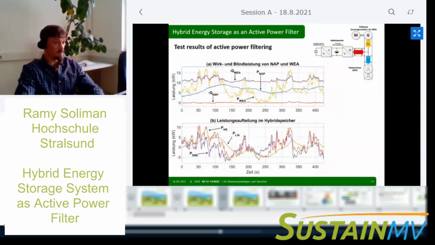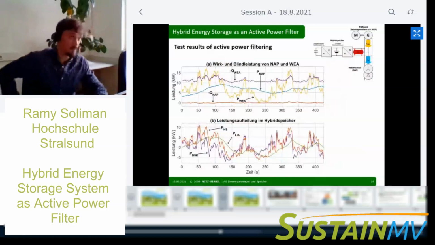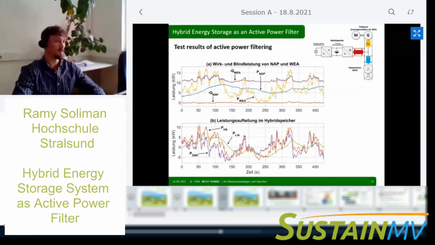Here are some testing results from the laboratory. This is a 10-minute window of a test with the active power filter. Here you can see the power, and this is the time in seconds. In the upper graph, you can see the power distribution between the generator and the grid connection. And down below, you can see the power distribution inside the hybrid energy storage system.